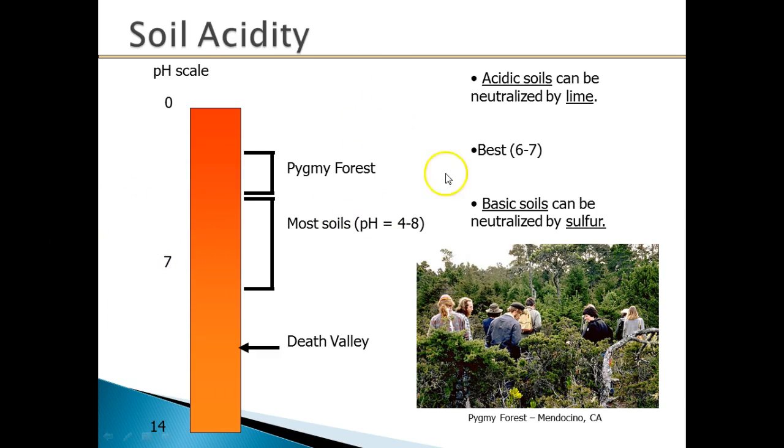This is just showing you some different graphs here. We have most of the range right here from 4 to 8, and then this is the pygmy forest in California, and pygmy because it has little trees.